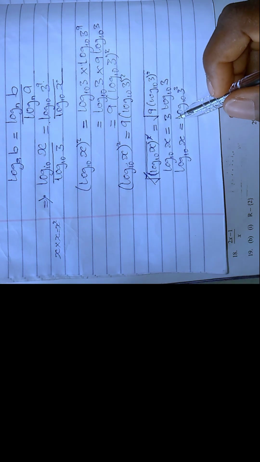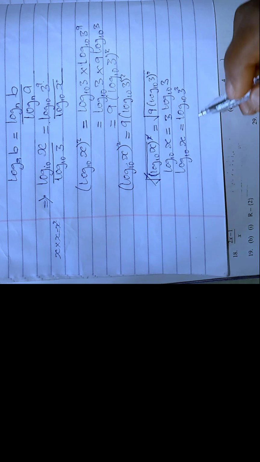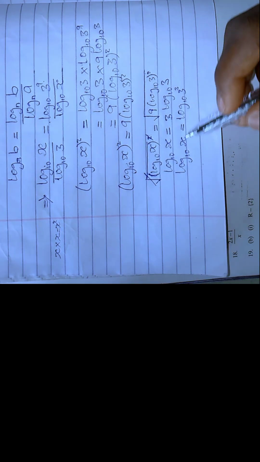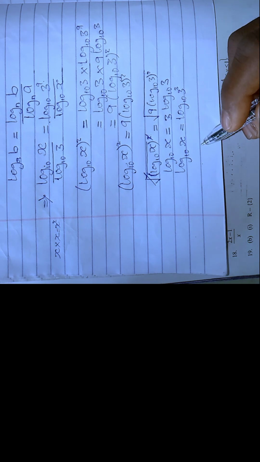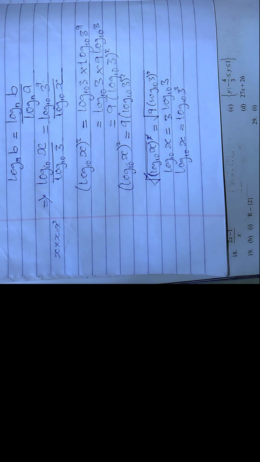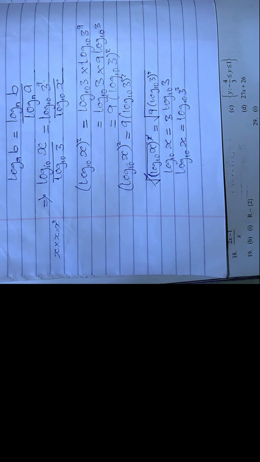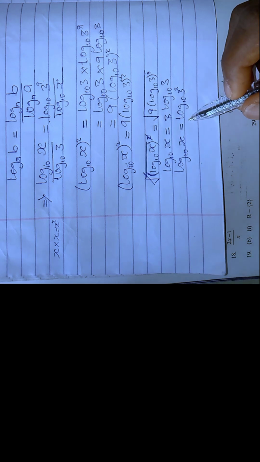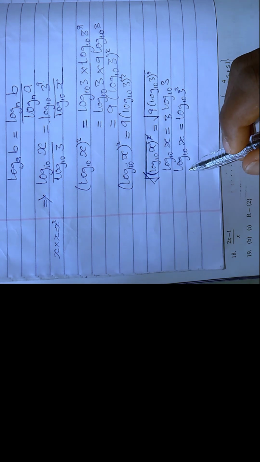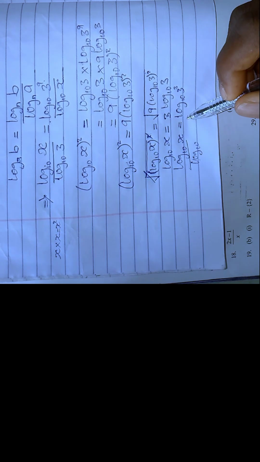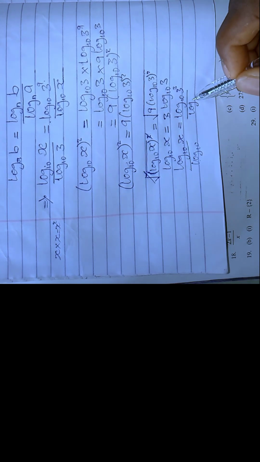Now if we divide both sides by logarithm to base 10, the logarithm is going to cancel out, because in mathematics whatever you do to both sides of an equation doesn't affect the equation. So we divide both sides by log base 10.